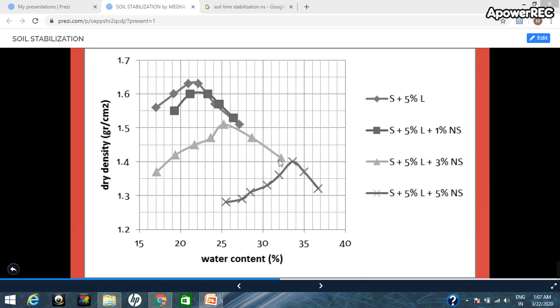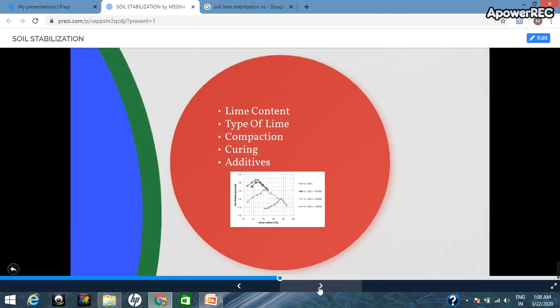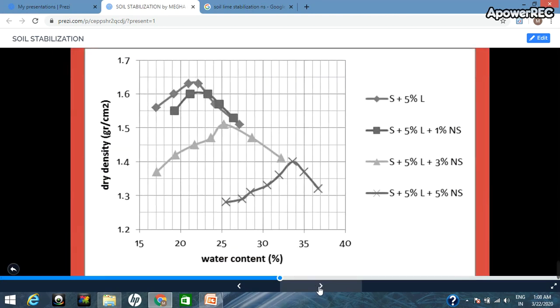We are adding nanosilica so as to provide soil plus lime stabilization in different areas. For example, if we have a particular type of soil which consists of higher water content, then we can add 5% nanosilica so as to achieve compaction. So this is the soil lime stabilization.